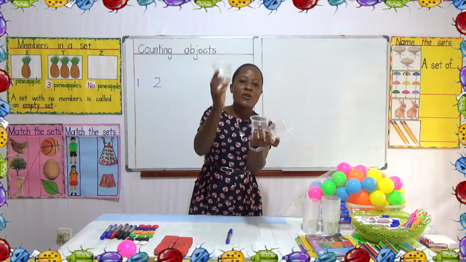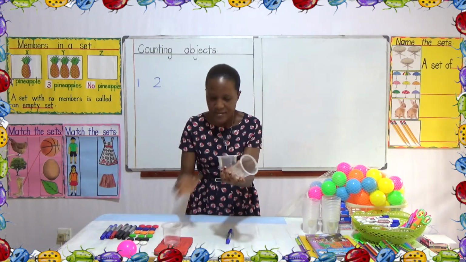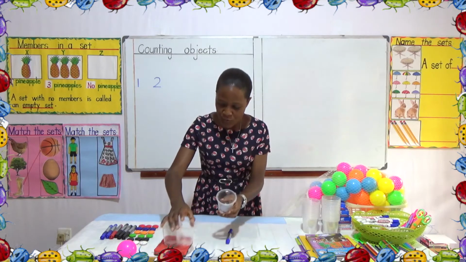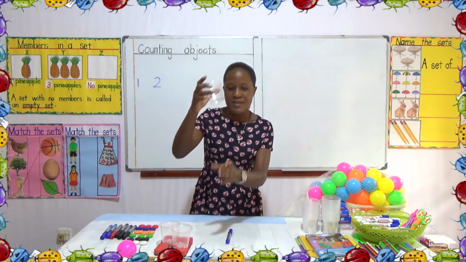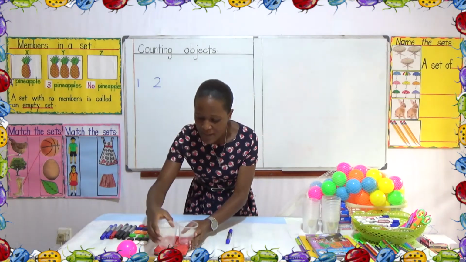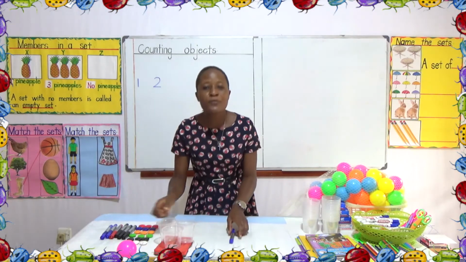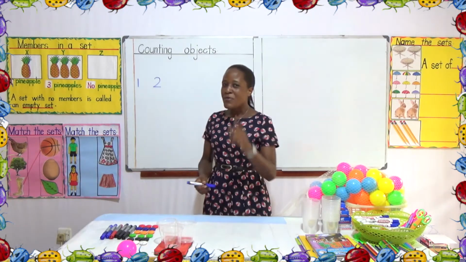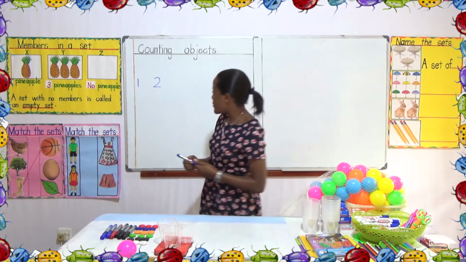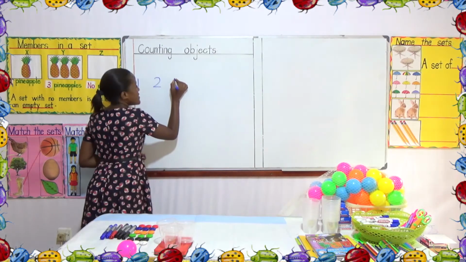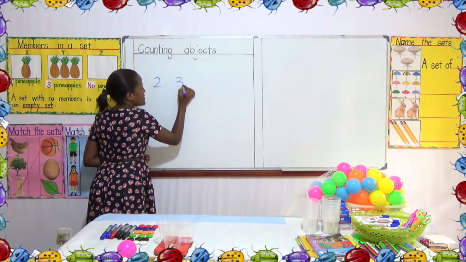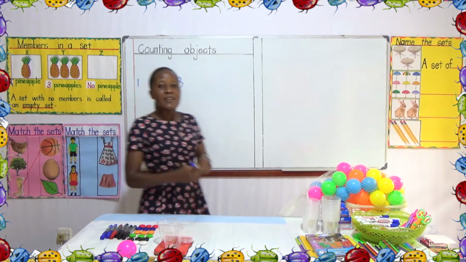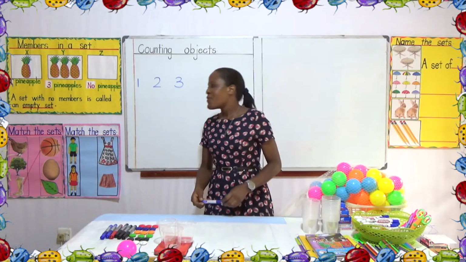We have 1, 2, and 3. They are 3 cups. How do we write 3? Reminding ourselves, we write 3 like this. That is number 3.